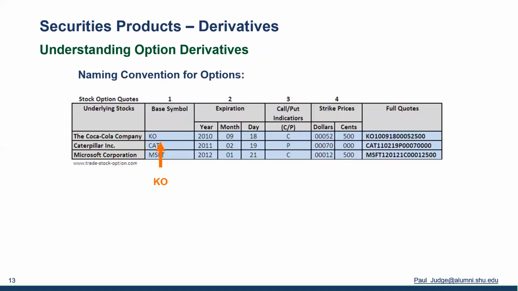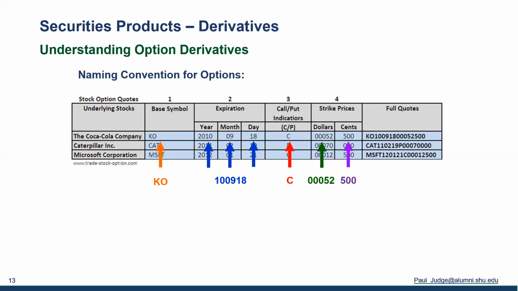Now, there's certain naming conventions for stocks and for options. Basically, if the symbol is, let's say, KO, Coca-Cola, and then the expiration date, the year, the month, the day, and C is for calls, P is for puts, and then the dollars and cents.